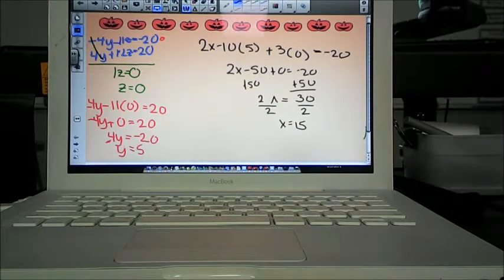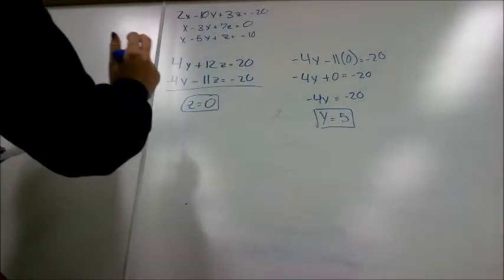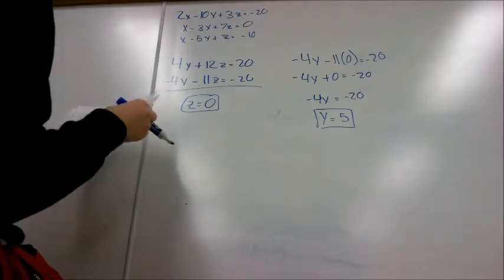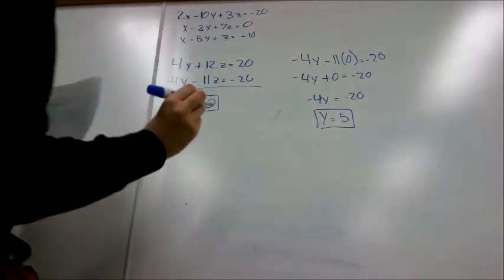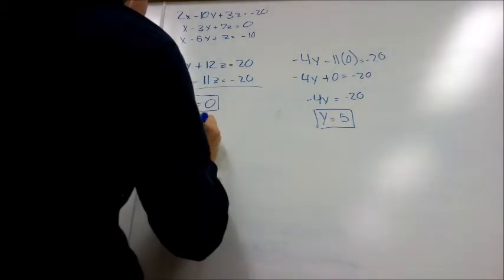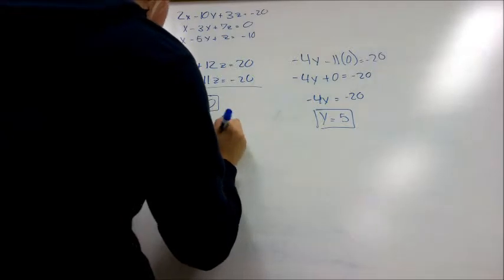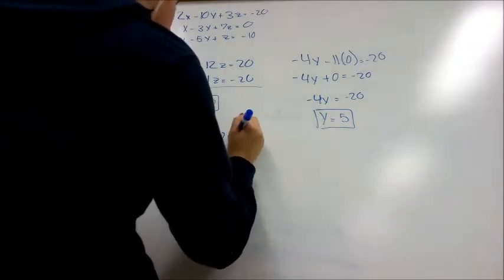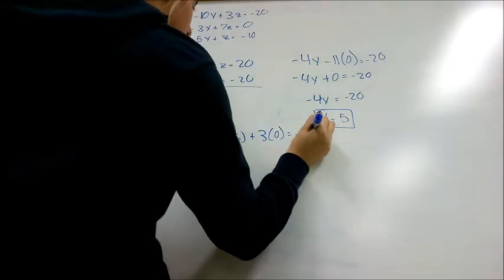Now I'm going to hand it over to one of my colleagues, Maggie, and she'll finish it up for you. After you find your y and z from plugging into your new equation, you want to go back and find your third variable, which is going to be x. So you take 2x minus 10 times 5 plus 3 times 0 equals negative 20.